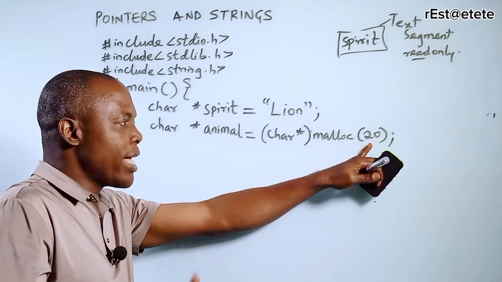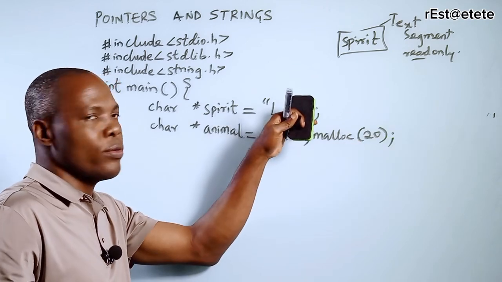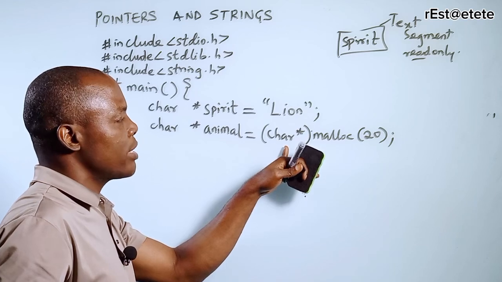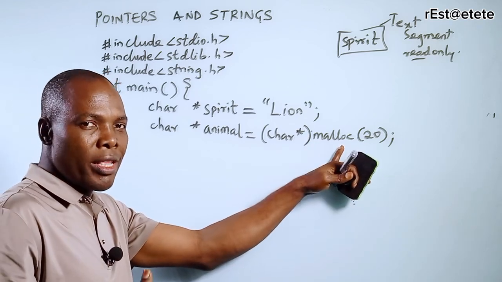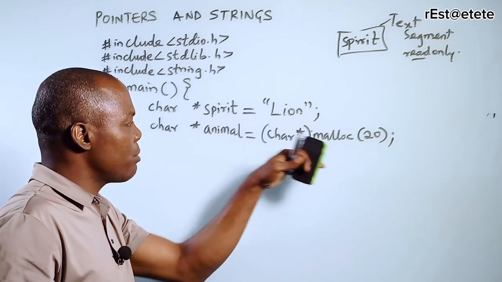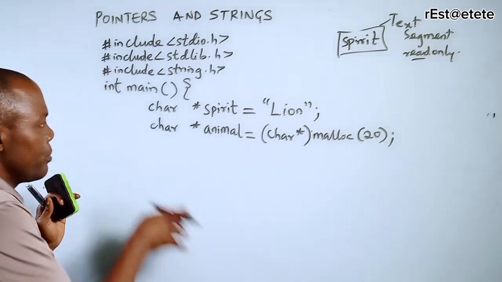So when I create an animal, I am creating a space to take this value. That is just what this stands for. So I am typecasting to character. Malloc will return a void data type. So since I'm using it for character data type, I'm going to typecast it. So that is what I have done.